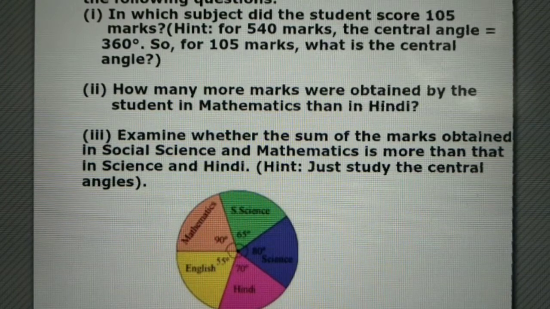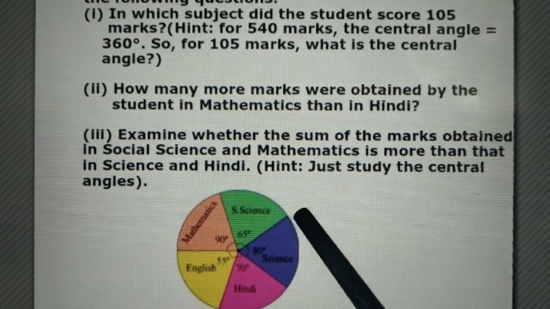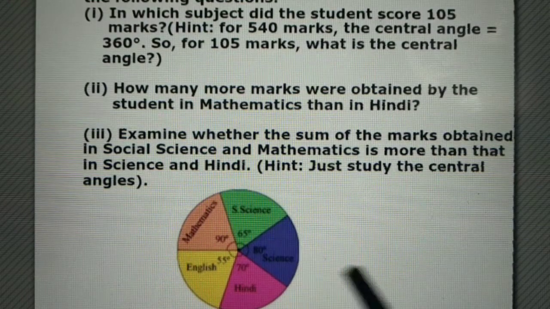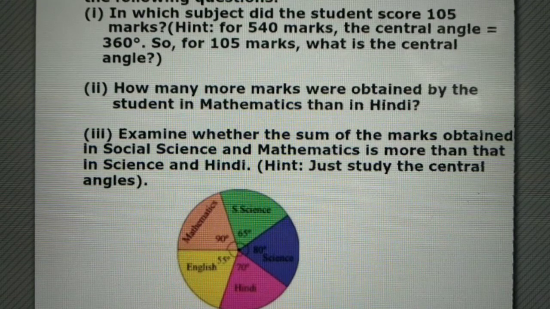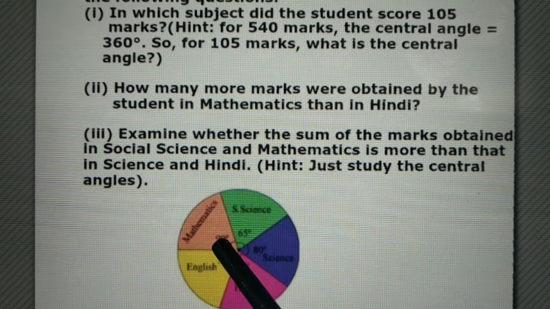Now students, if we observe the given pie chart, the total angle is 360 degree. The total sum of these angles is 360 degree. Let us see how the distribution is for the 5 subjects. In mathematics, the student gets a 90 degree angle.